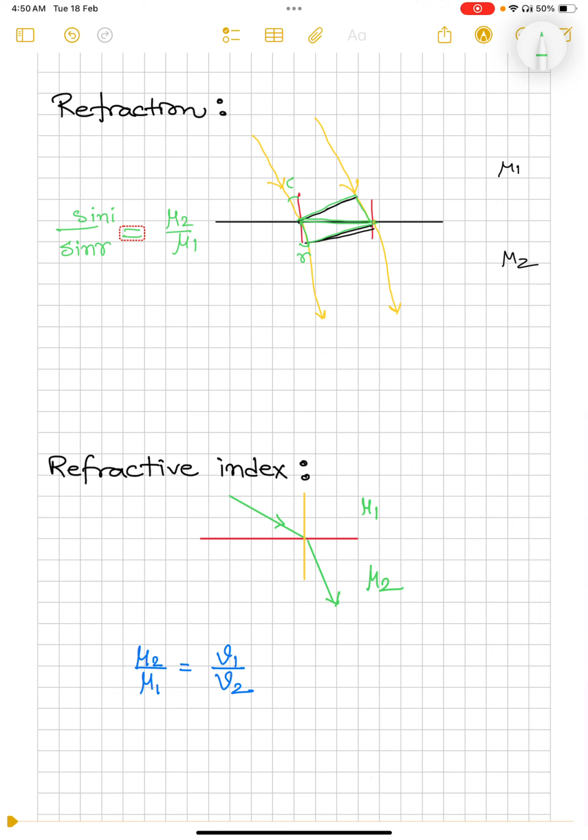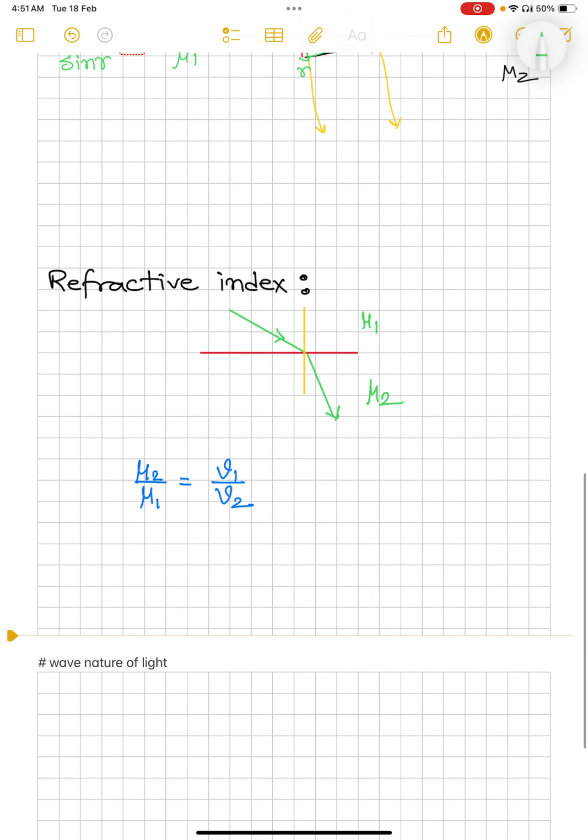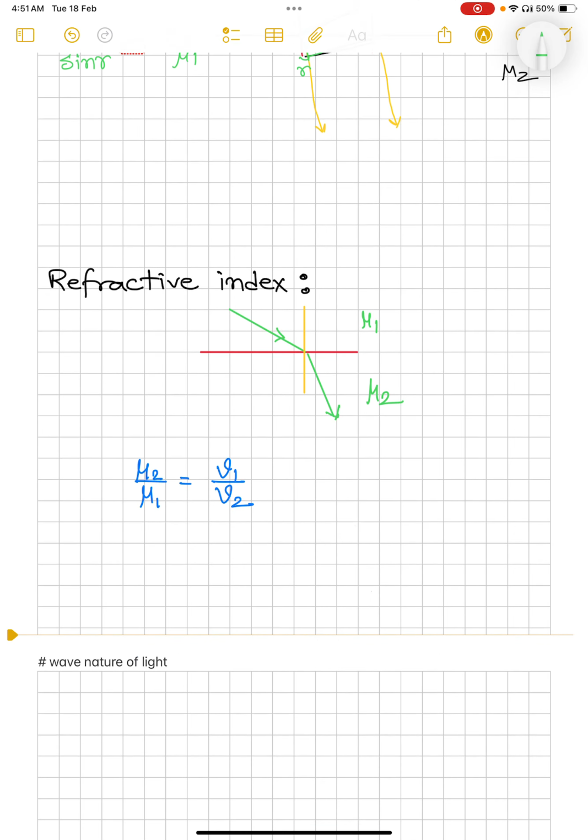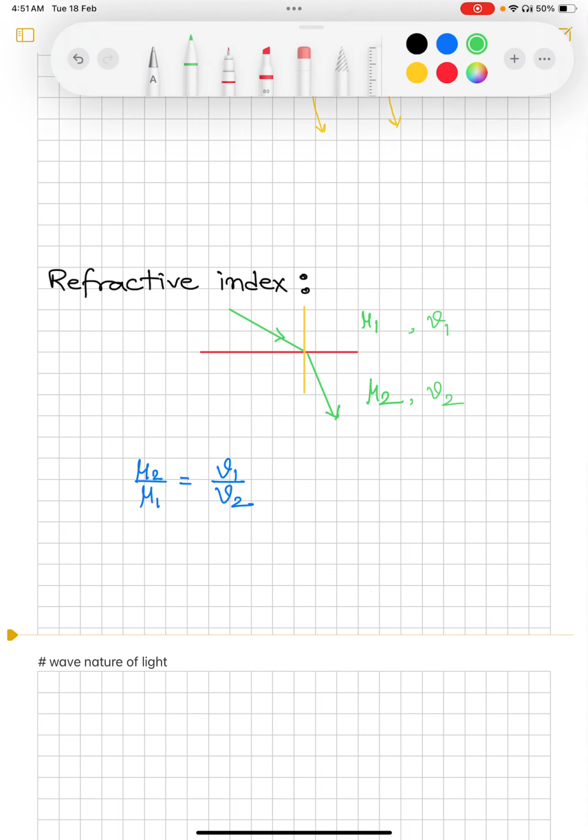In the proof of refraction, there is an important thing that will come, which is the definition of the refractive index. The definition of the refractive index is mu2 by mu1 equals v1 by v2, where v1 is the velocity of light in medium 1 and v2 is the velocity of light in medium 2.